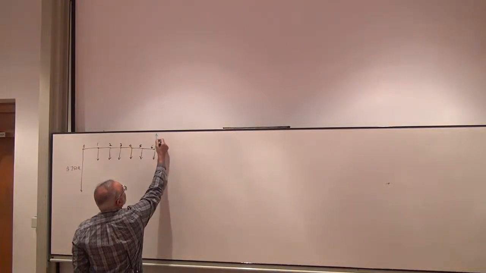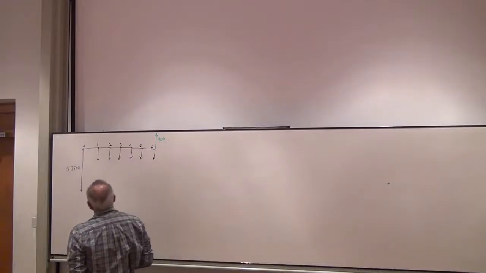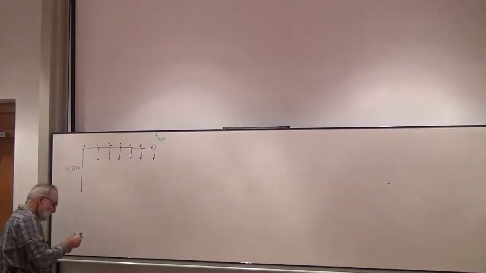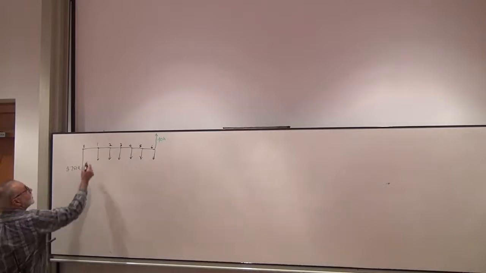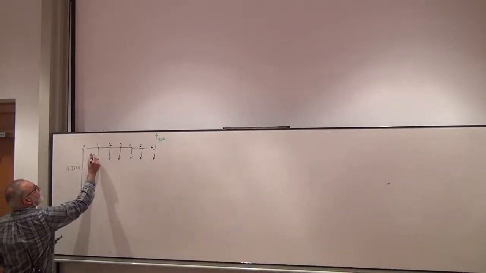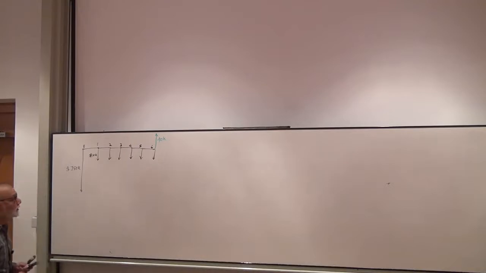So we have 40K here, and these are 10K. All right, this is our cash flow diagram.